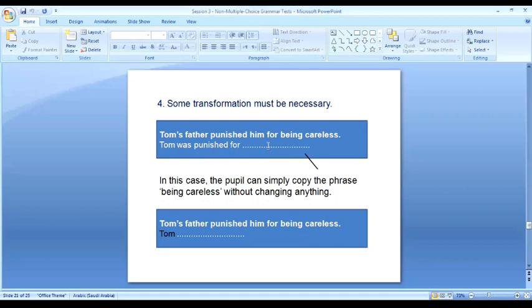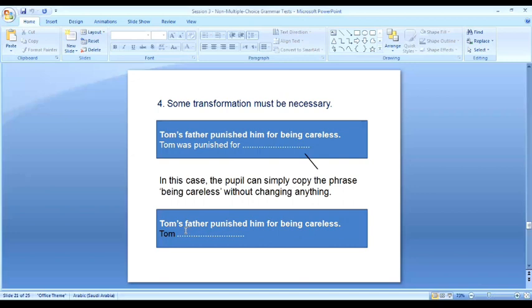So some transformation must be necessary. The student has to transform. They should not copy just from the Q sentence and then put it down. They have to do something in their sentence or in the prompt sentence. In this case, the pupil can simply copy the phrase "being careless" without changing anything.